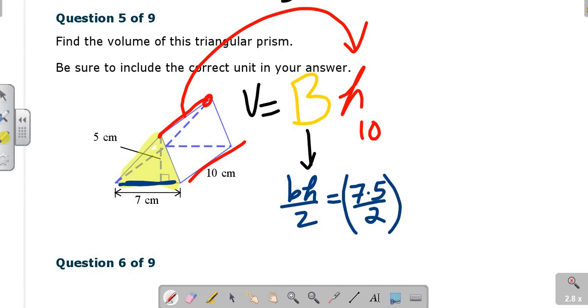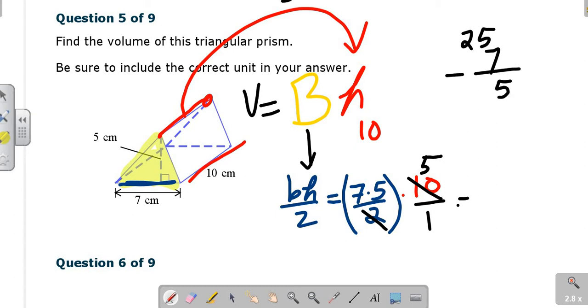That's my base times my height, which is 10. That reduces by 5, so I have 7 times 25. And that's going to be 175 centimeters cubed.